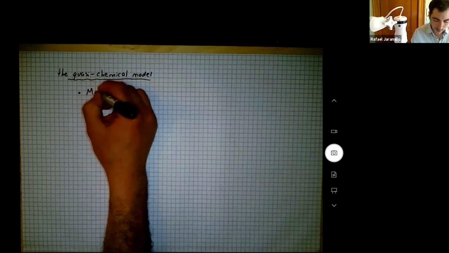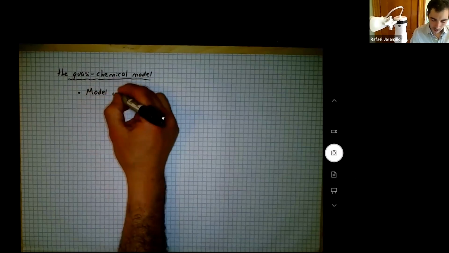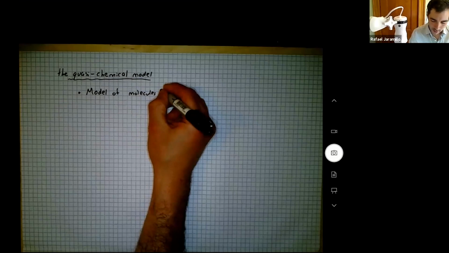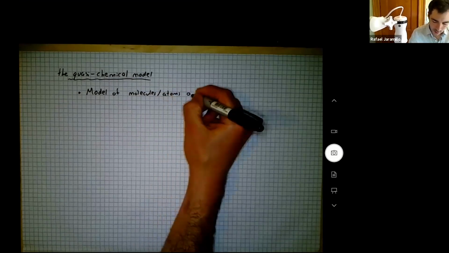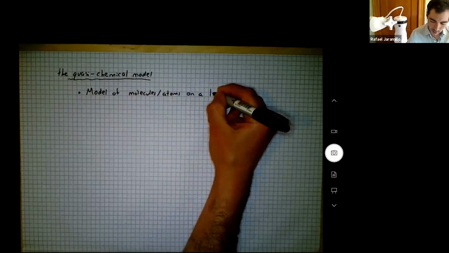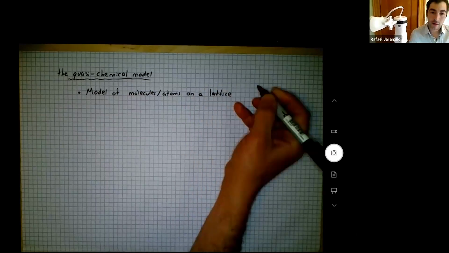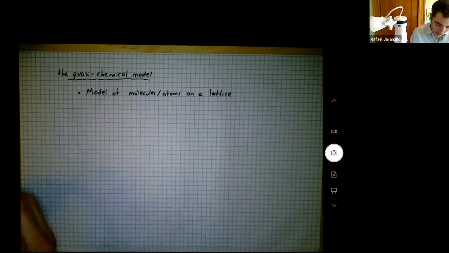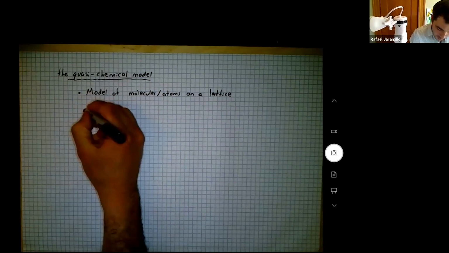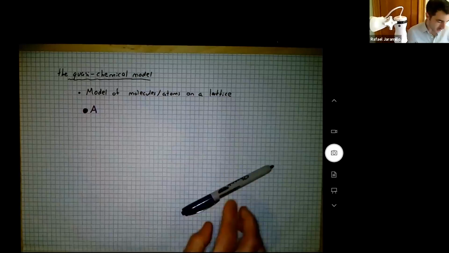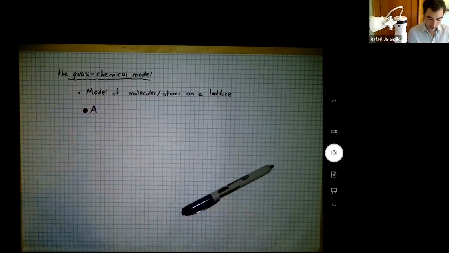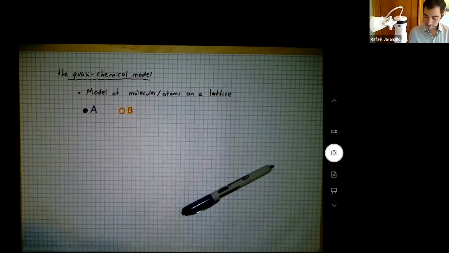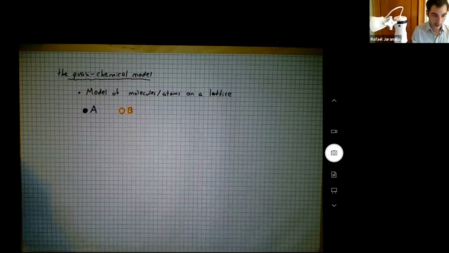It's a model of molecules, or if you like, atoms on a lattice. So it's a lattice model. And so we're going to have species A and species B. We're going to have a lattice.